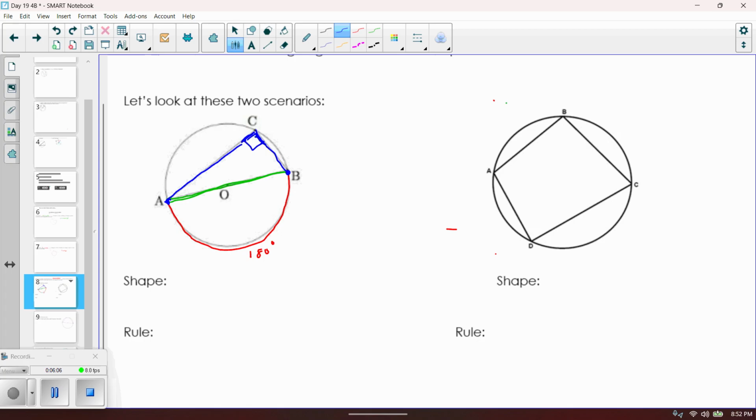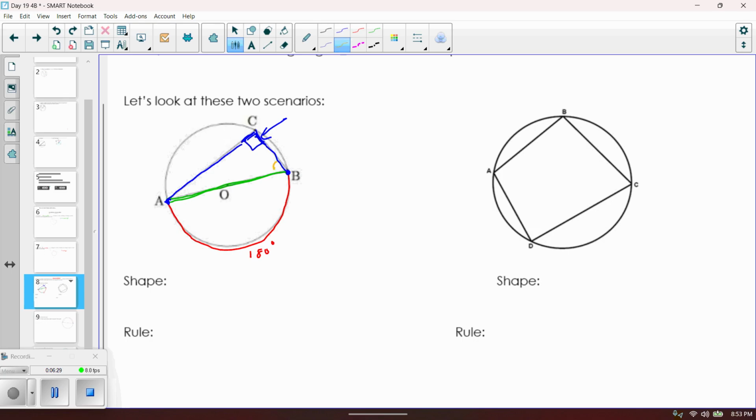Okay, so all of this is great, but this isn't actually even the most important part about the whole thing. We should remember that all of the angles within a triangle add up to 180 degrees. Well, I already have 90 degrees right there. I have two angles left.